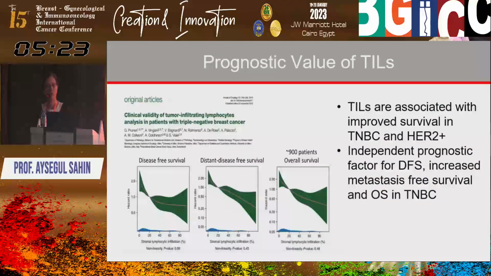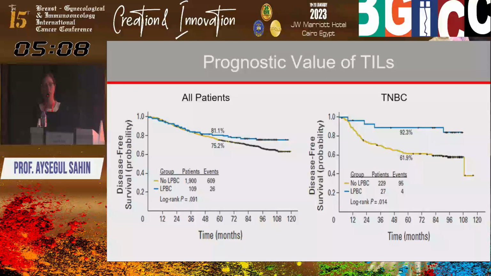And it has been shown that the prognostic value of TILs is more important in triple-negative breast carcinoma and HER2-positive breast carcinoma. So when we look at all tumors, there is some prognostic significance, but especially when we look at triple-negative breast carcinoma, TILs are prognostic.